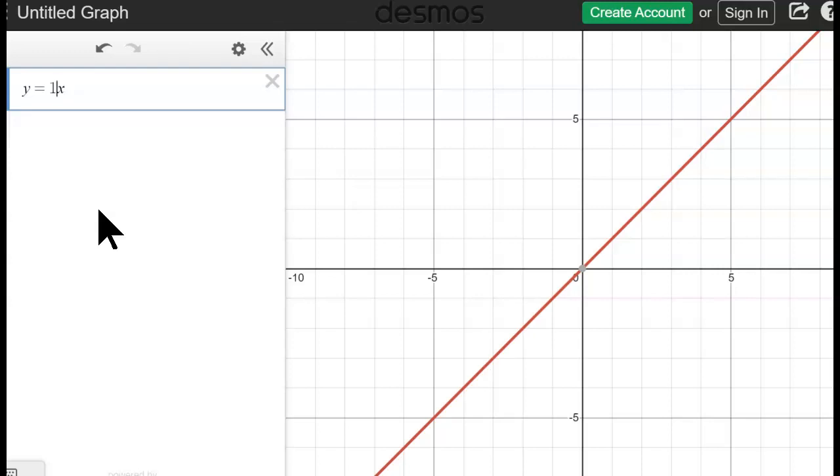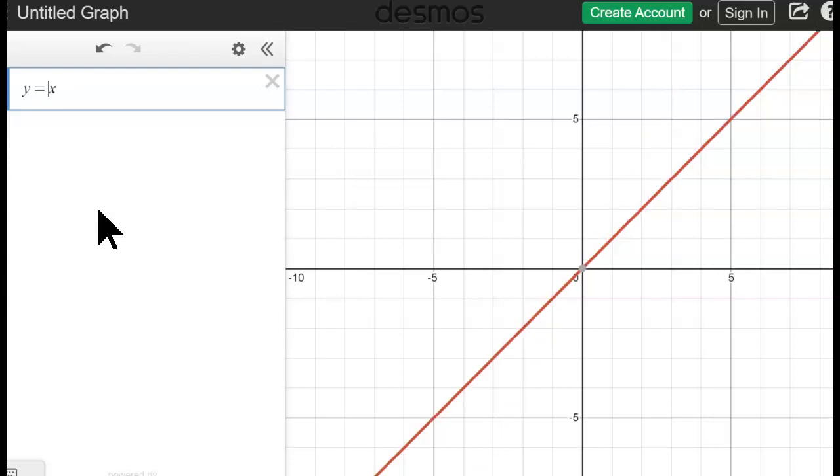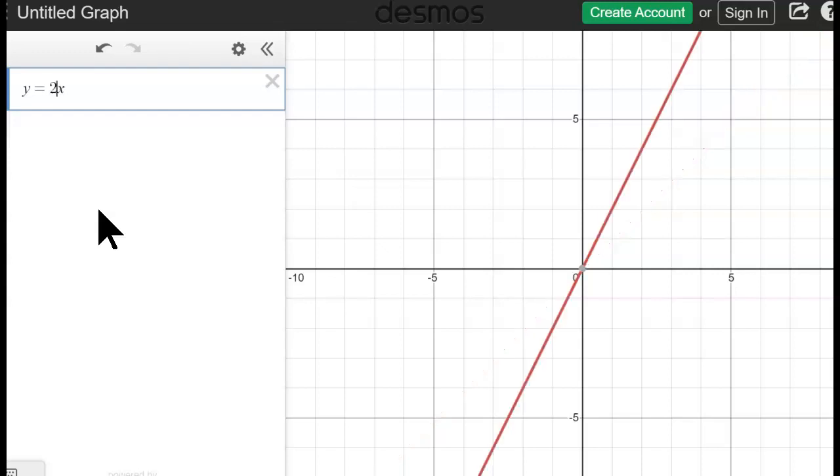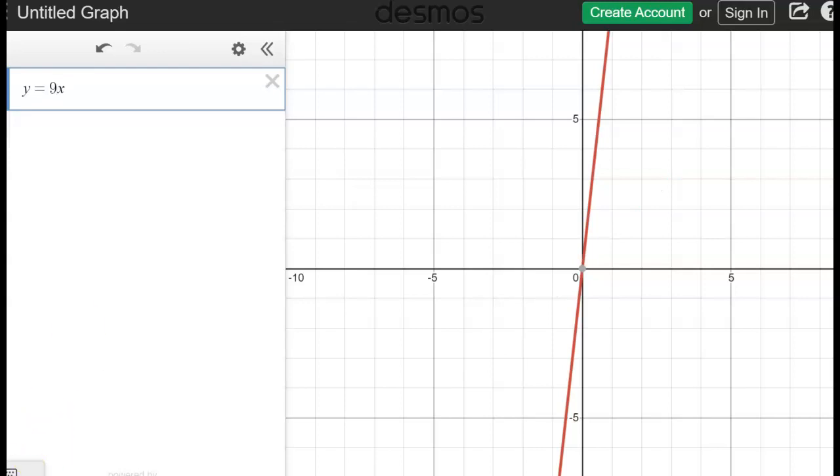Remember, the number in front of the x, in front, or the left. The left means in front because we read from left to right. So if I change that number on the left in front of the x to a 2, 3, 4, 5, 6, 7, 8, what's happening to that line? Go ahead and answer that question.